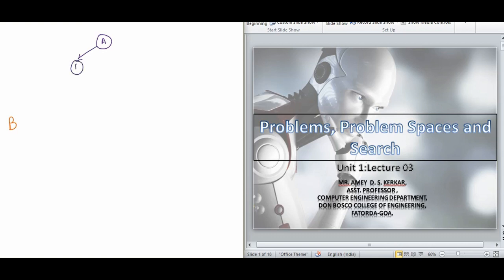So you will have B, C, second possible configuration, D, third possible configuration, E, that's a fourth possible configuration, F, that's a fifth possible combination, G, this is the sixth possible combination.